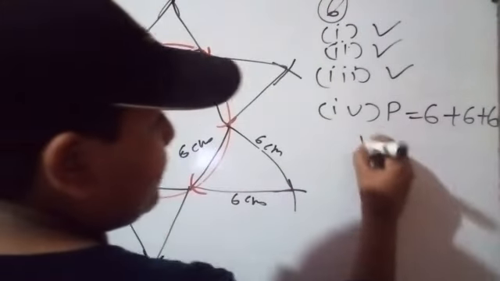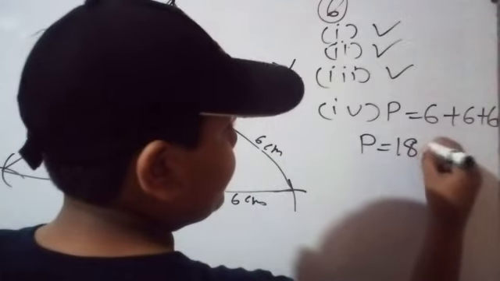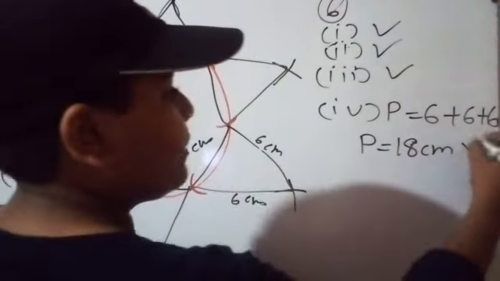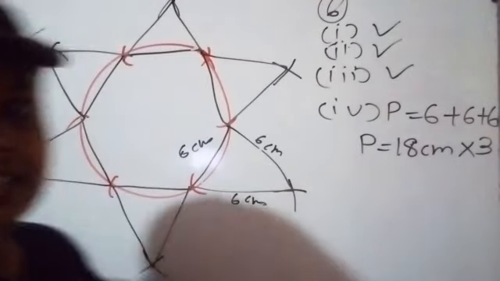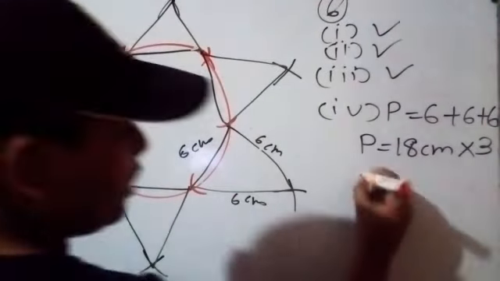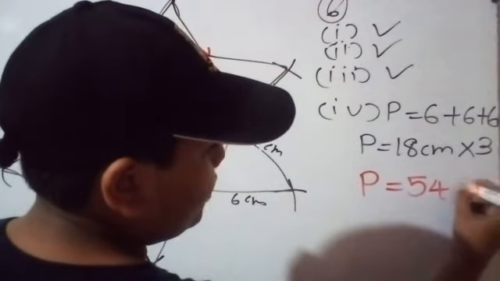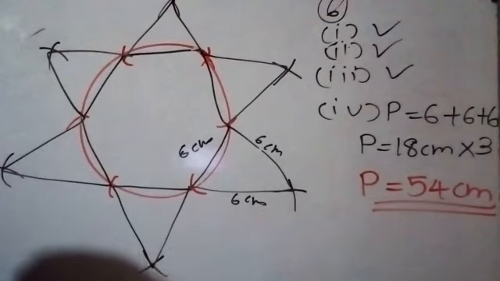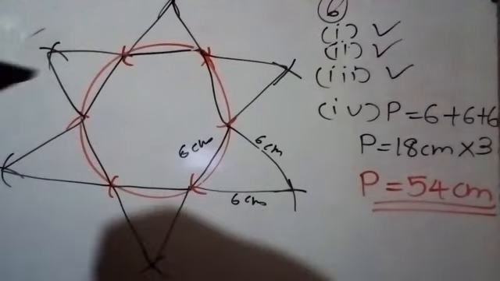That means the perimeter is 18 centimeter. Then 3 multiply by 3, because I have 3 sides. So what is the answer? Now the perimeter is 54 centimeters.